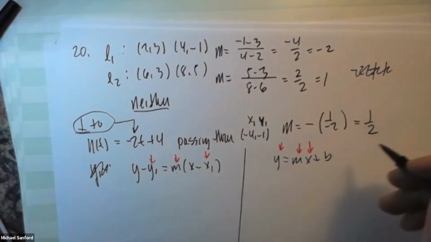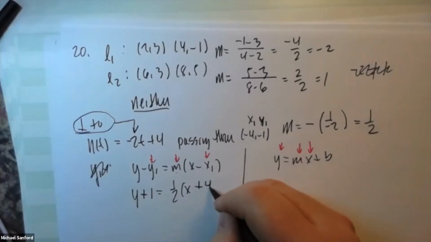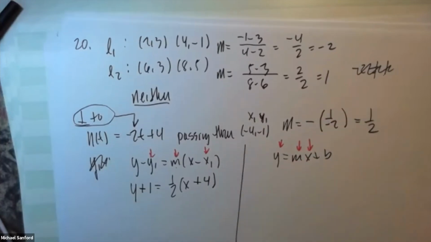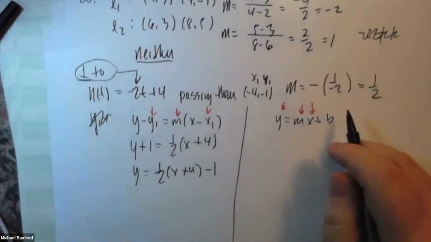So when I plug this one in, I'm going to put in y minus -1 equals 1/2 times x minus -4, right? Minus negative. And so then I can take y is equal to 1/2 x plus 4 minus 1, like that.